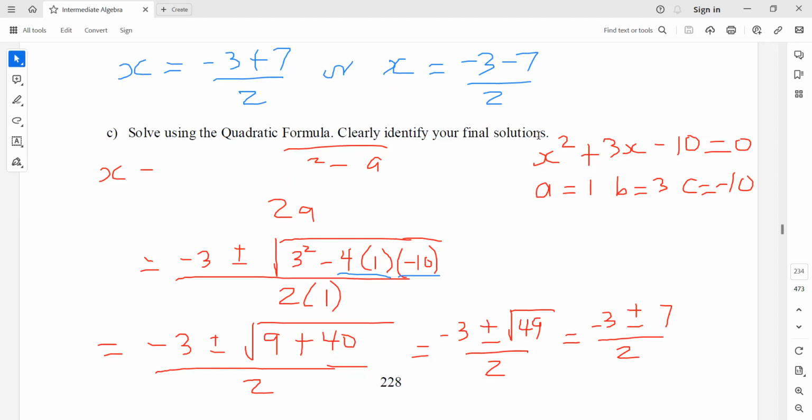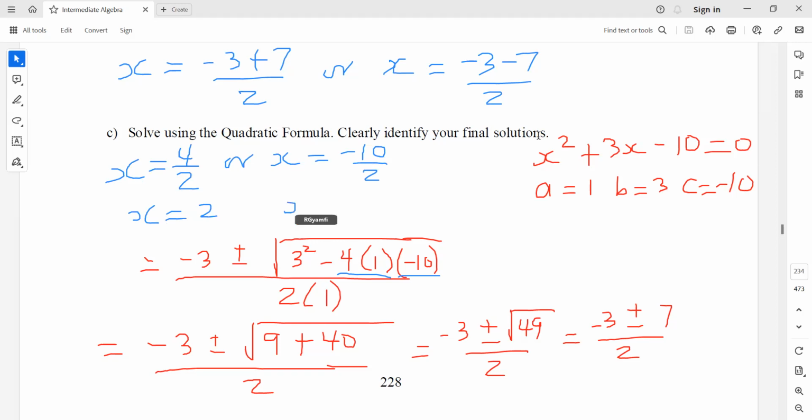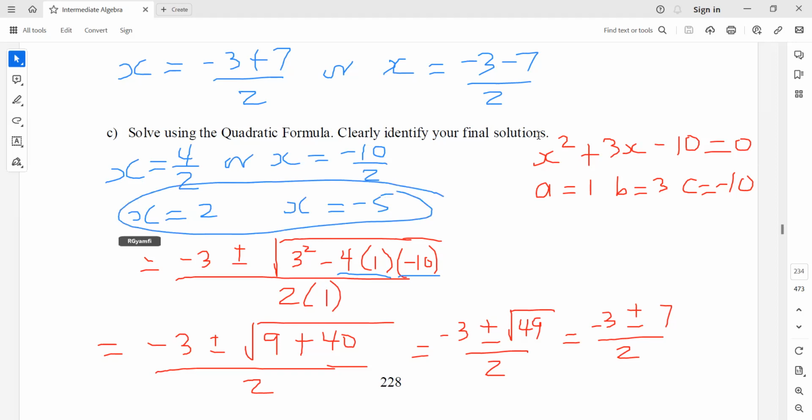So I'm going to have x equals 4 over 2, or x equals negative 10 over 2. x equals 4 divided by 2 is 2. Negative 10 divided by 2 is negative 5. Is that what we got? Yes. x equals 2 and x equals negative 5.